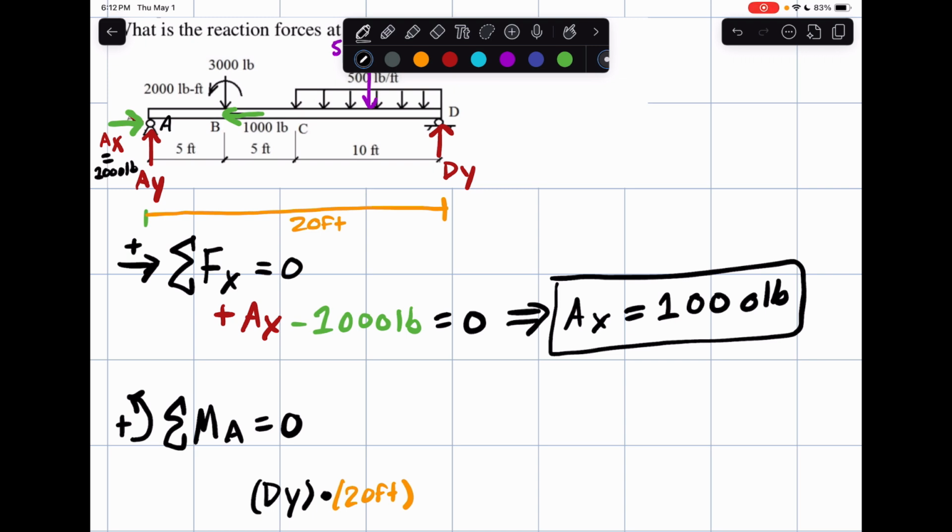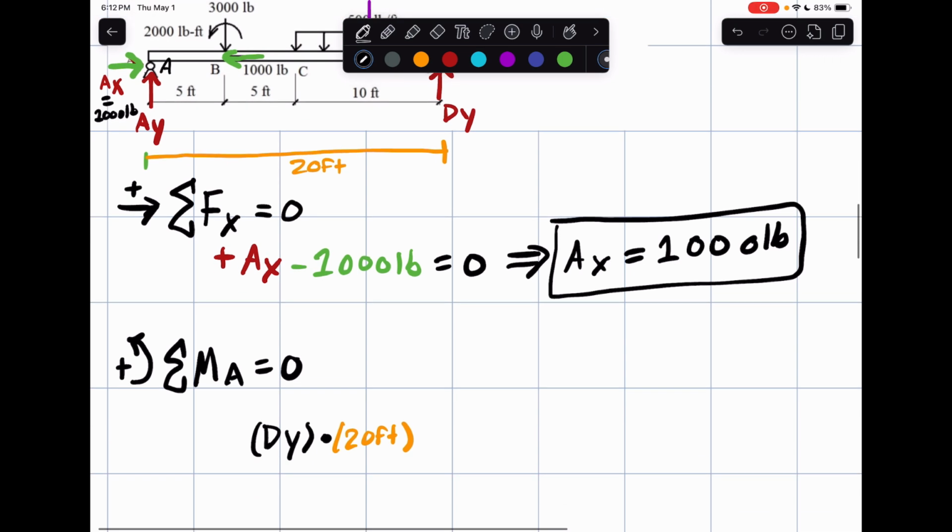For example, for this DY, if we hold the left end of the pencil with our finger as a pin support, and put our DY reaction force pointing up on the tip of our pencil, we'll see that it moves counterclockwise. Let me do a quick drawing for you.